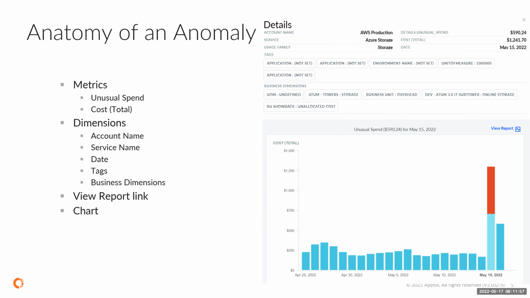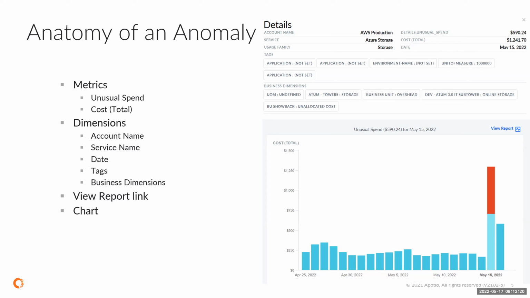Now, of course, we need to be able to take people through and actually look at all of this and understand what it's for. Now, the metrics of unusual spend and cost total, those just tell us what the actual effect is. How much is it costing me? But the dimensions are really where I think it's important, because that's what identifies those resources.